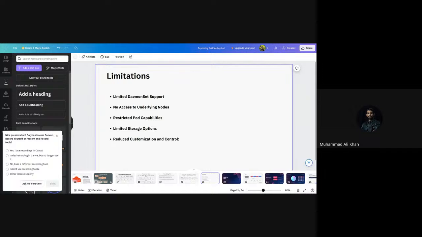Since all of these nodes are managed by your cloud providers, you can't really do customizations or have control over scheduling, networking, or node configuration, which could limit your use cases if you have specific scheduling needs or networking needs.